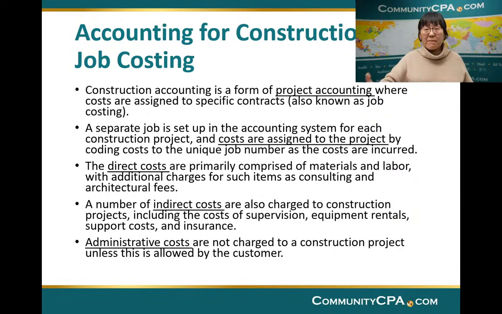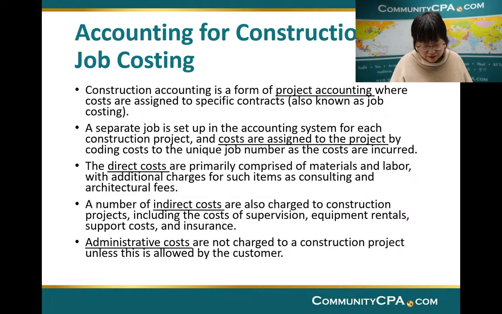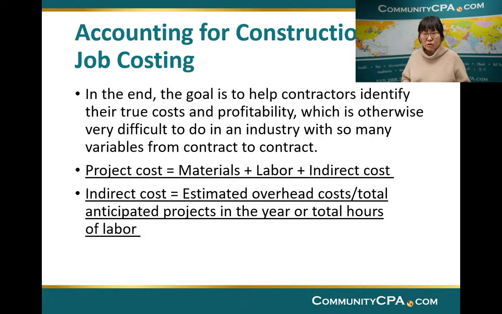So for every man hour, they put in indirect cost of 25%. That way, when they look at man hours for this project, they already have indirect cost calculated into it. So my next slide just gives you that formula. Job cost equals materials plus labor plus indirect cost.